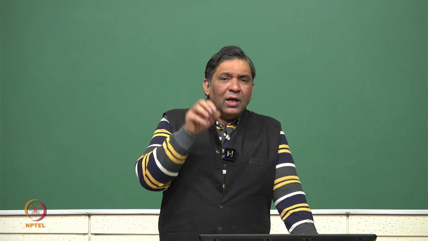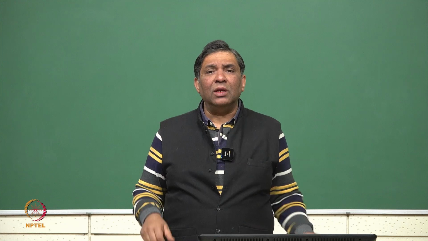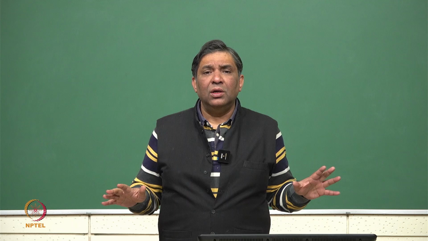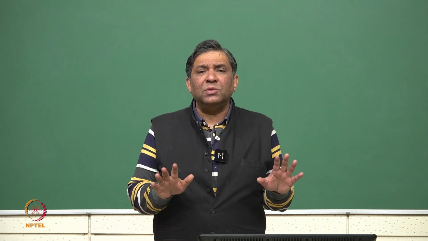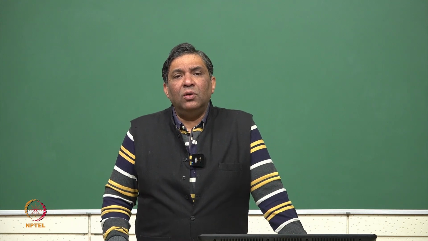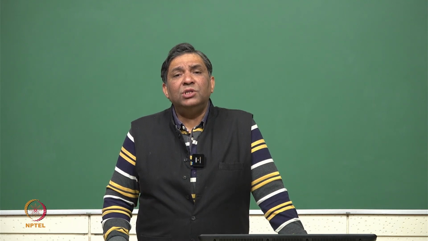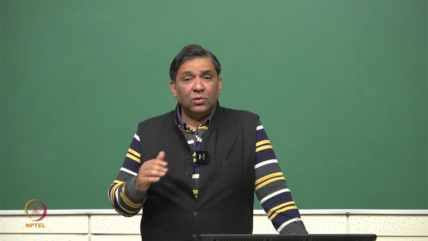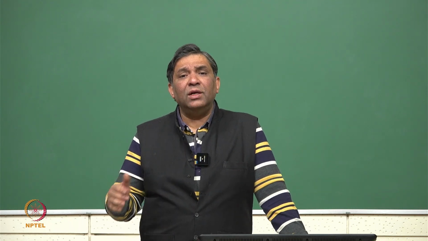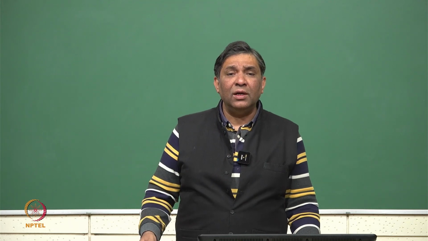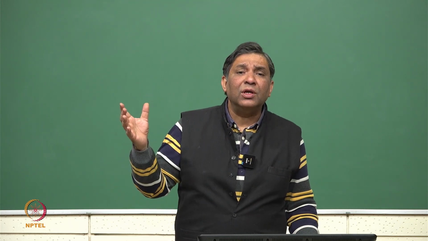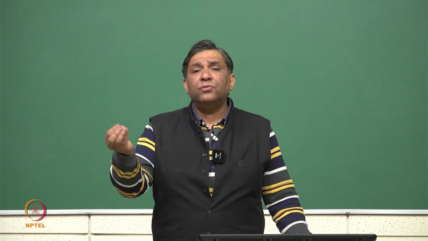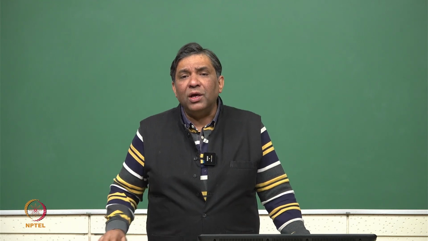Now when we shine light, what will happen? The number of majority carriers is huge, and therefore we are not going to change the majority carriers much. What we are going to change is the minority carriers. Although majority carriers are also generated, because both electron and hole are generated, if the number of electrons in an n-type semiconductor is huge, the generation of a few electrons will not make much difference.